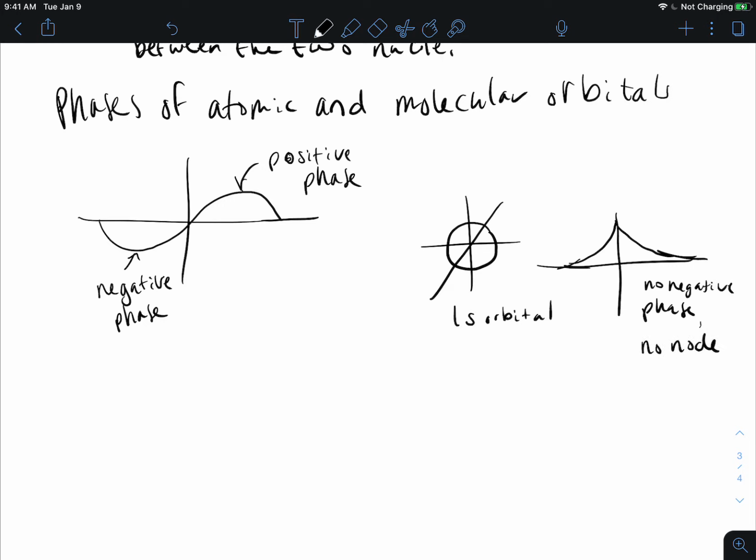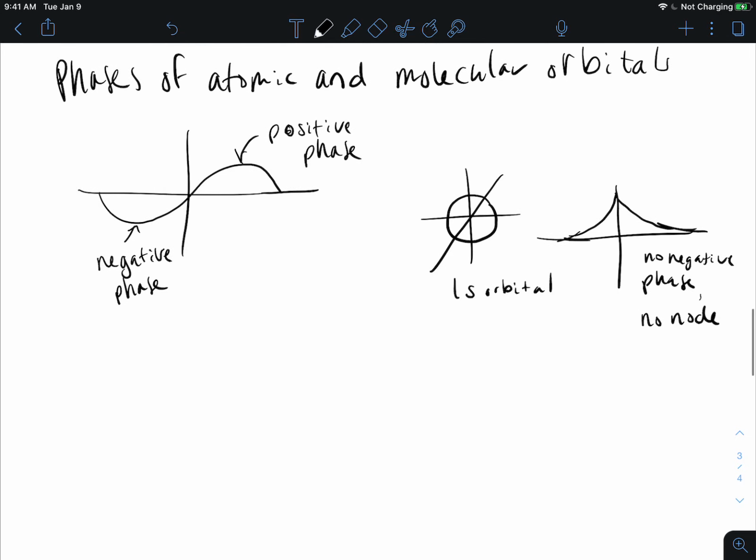Of course, if we go on to a 2s orbital, we will get that one node in there.